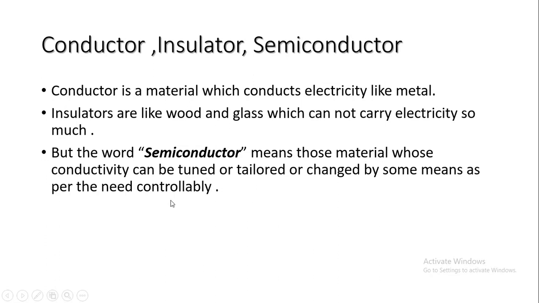There are various methods we'll talk about, such as doping. We will dope to change the conductivity of a semiconductor, so according to our need, in a controllable fashion, we can change it. Changing the conductivity of a conductor is of no use, because the conductor already has good conductivity.